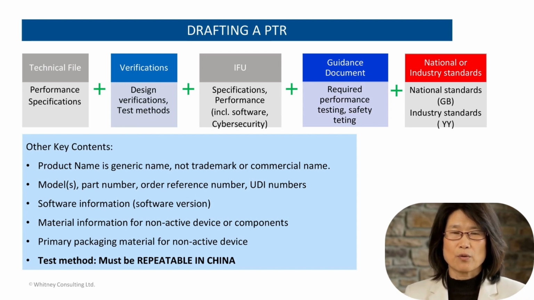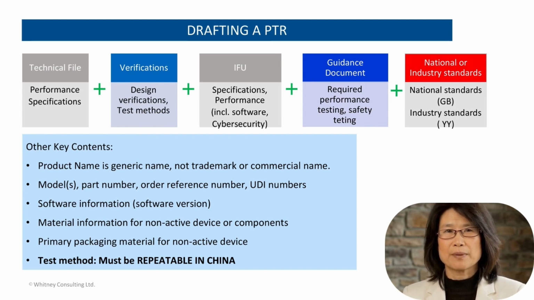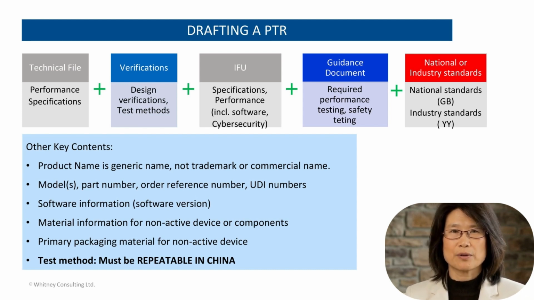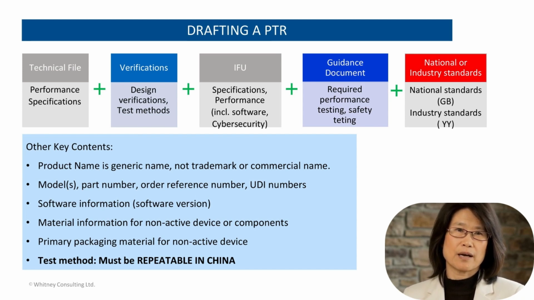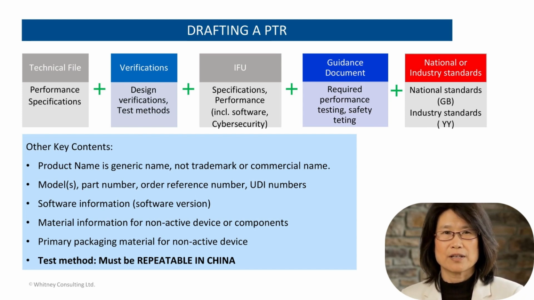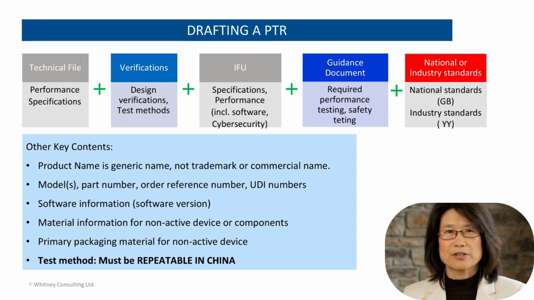As mentioned before, PTR also needs to include requirements in NMPA guidance documents for this type of device to be registered. Guidance documents typically include the basic performance and safety requirements, which must be verified during testing. The relevant national GB standards or industry YY standards are also parts of the PTR.